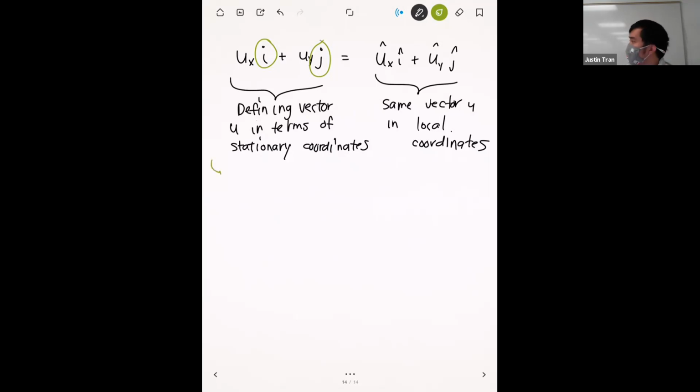And so let's start with the unit vector I, which remember is the unit vector in the horizontal direction. Let's define this in terms of I hat and j hat.